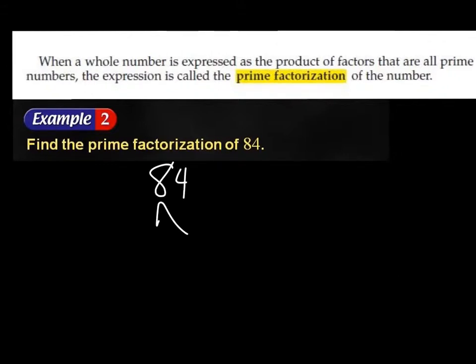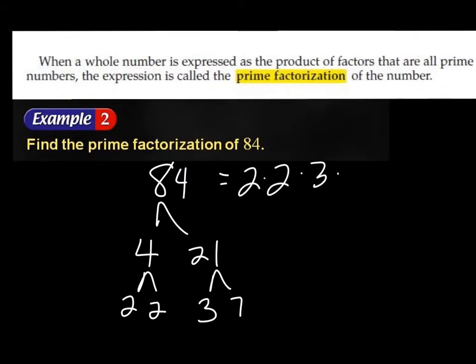We could do 84, well I know 4 will work. 84 divided by 4 would be 21. And then factors of 4 are 2 and 2. Factors of 21 are 3 and 7. So in factored form, I could write that as a prime factorization: 2 times 2 times 3 times 7, or 2 squared times 3 times 7.